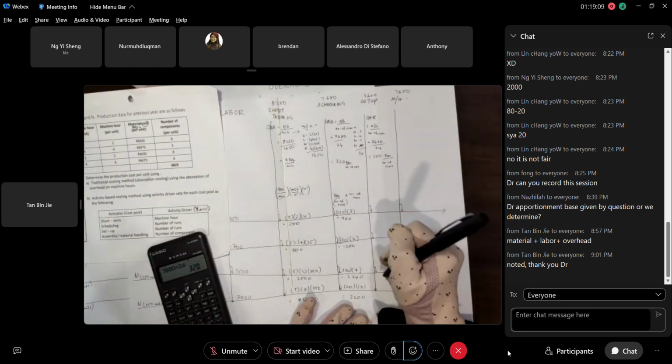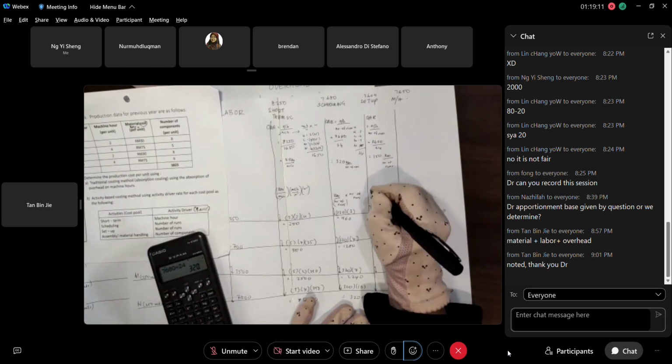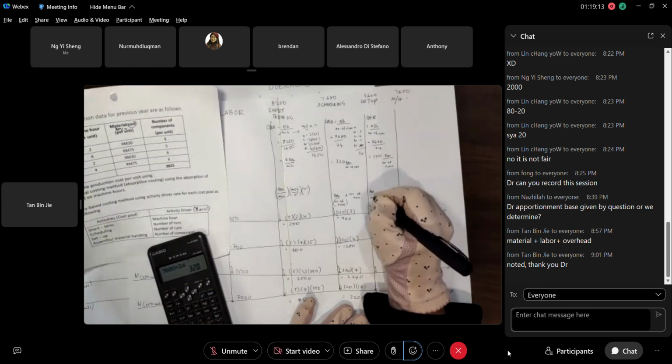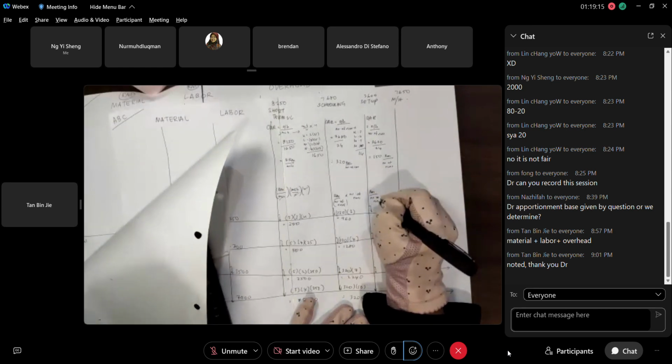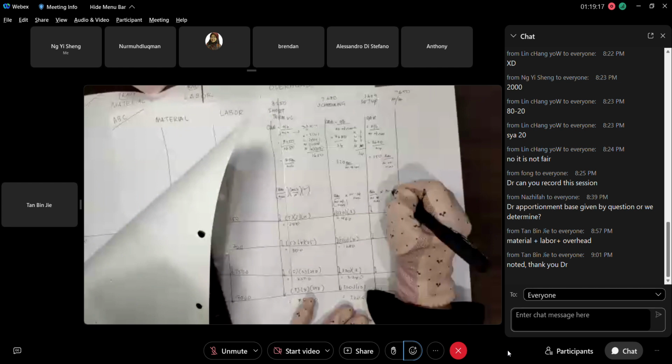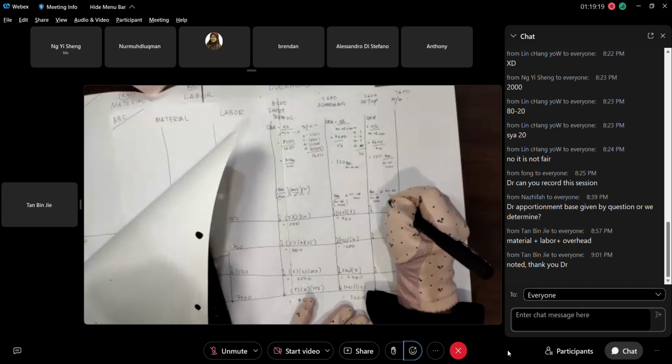So if you want to get the RM here, you have to tengok kena darab apa. You have to times with number of runs masing-masing.